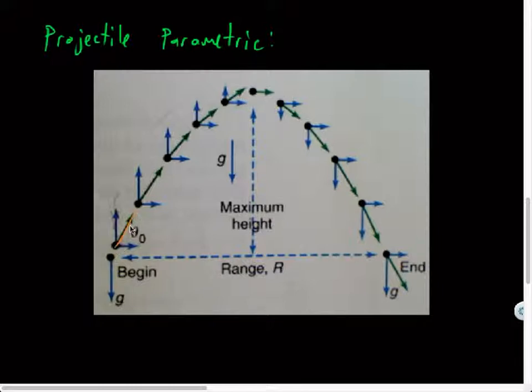So this would be the initial velocity, and here's theta that we've been talking about. And then the blue vectors are the initial horizontal velocity. And notice that the blue horizontal vector is actually constantly the same. It never is not the same, right? Because we're assuming no wind speed.